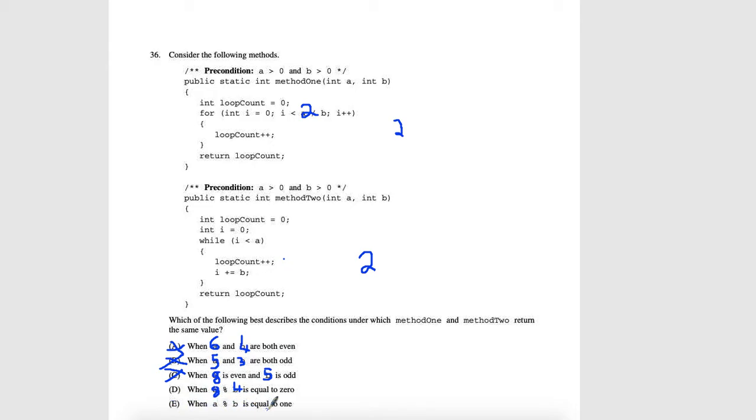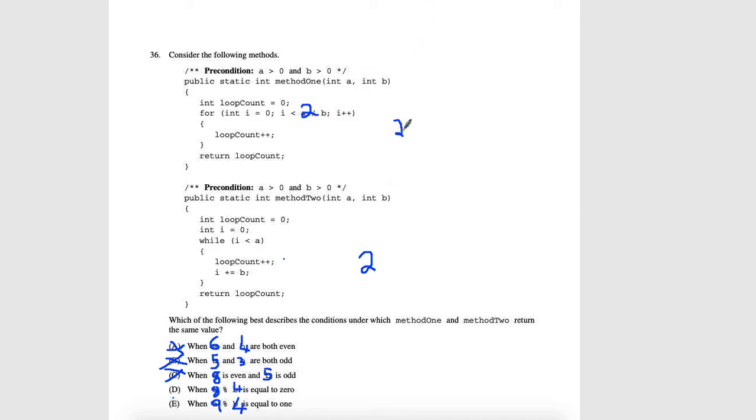A modulo B is equal to 1. Again, pick some numbers where A modulo B is equal to 1. Instead of 8 and 4, how about 9 and 4? 9 divided by 4 is going to be equal to 2 under integer division.